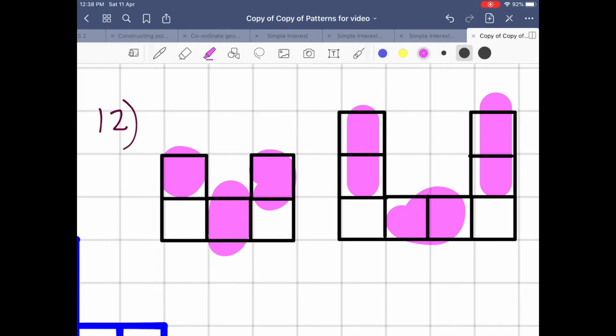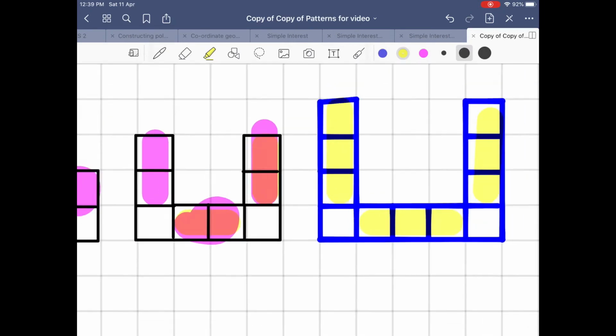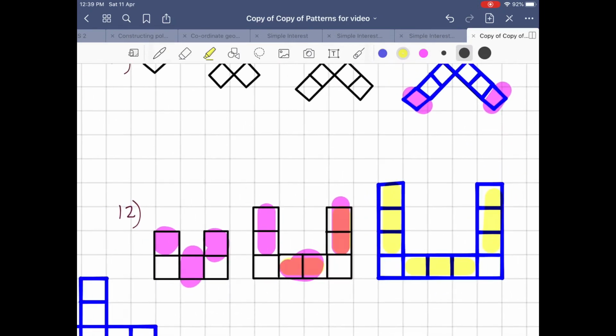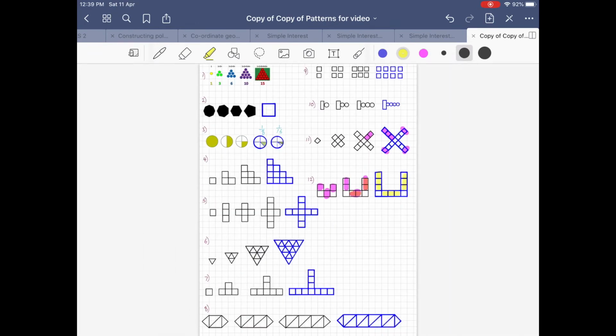So the next shape, we will go from 2 to 3 on the ends, and we will go from 2 to 3 on the inside. So we will get this shape. So that brings us to the end of exercise 2. Let's go on now to exercise 3.